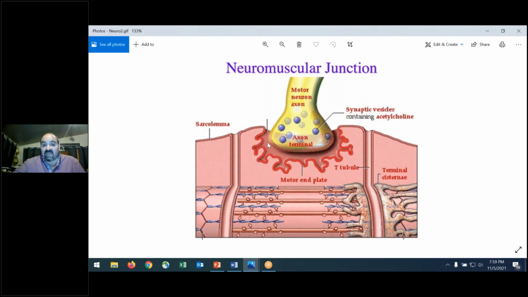We understand that it's the synaptic cleft, that space, but really this is where we have communication between the nerve and the muscle. They don't touch, okay? There's that gap here. So presynaptic, and then postsynaptic would be the muscle, the motor end plate here. That would be postsynaptic. So presynaptic, post, P-O-S-T, postsynaptic.